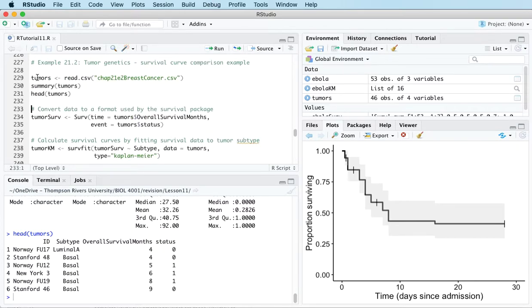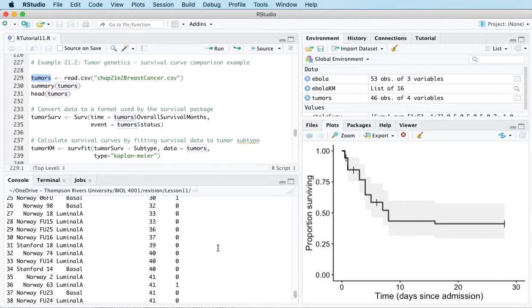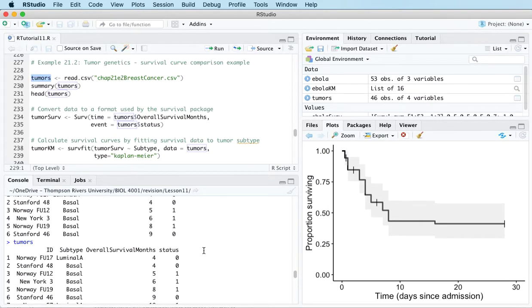Let's just take a look at the data here. So here's the subtype, either luminal A or basal, and then we've got the overall survival in months, and then status: it's 1 if the individual died, and it's 0 if the individual left the study.